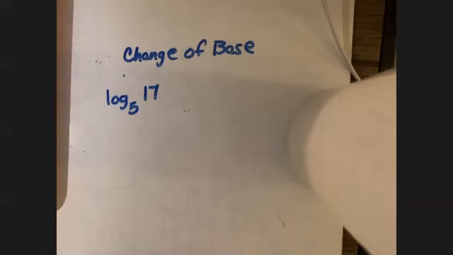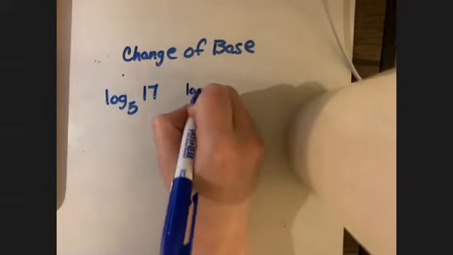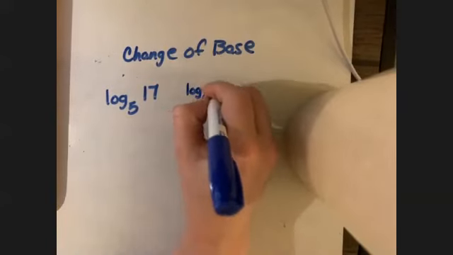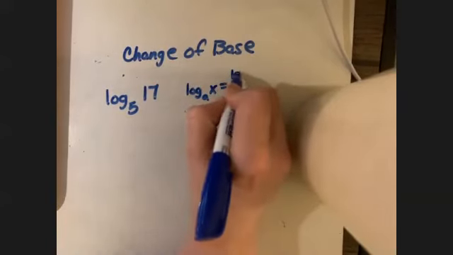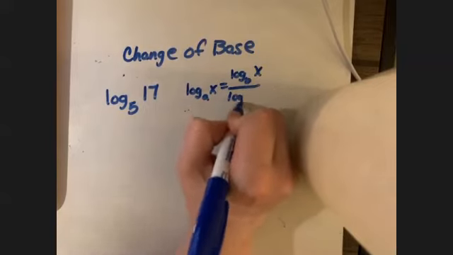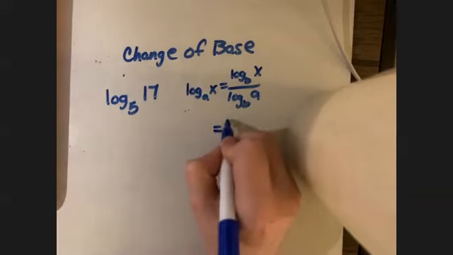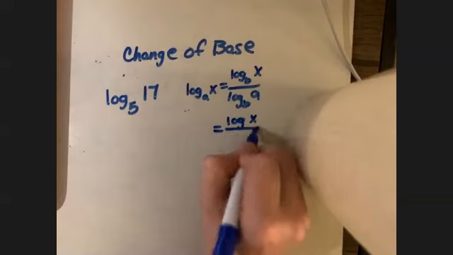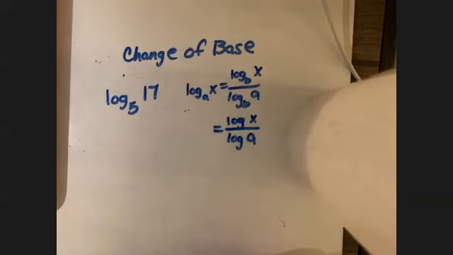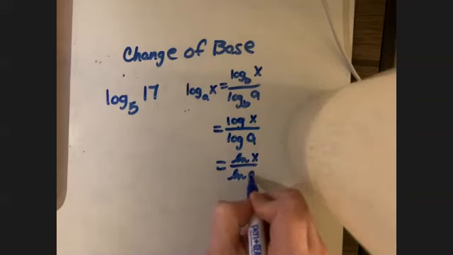The only logs that I have are common log, which is base 10, and natural log, which is base E. So the formula that we use for change of base is log base A of X is now log base B of X over log base B of A. More commonly, what we're going to see is log X over log A, because we're going to use common log, or natural log of X over natural log of A.